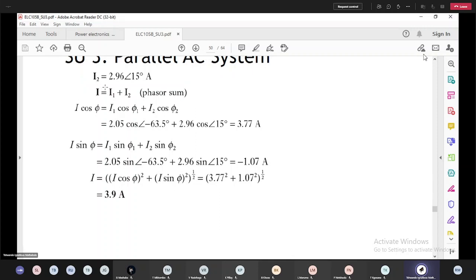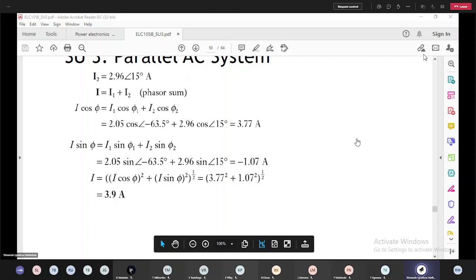We need to find the cosine component of the total current, and that is the sum of the cosine components of I1 and I2. So you calculate the cosine component of I1 added to the cosine component of I2, and once you add them together, you have the cosine component of the total current.